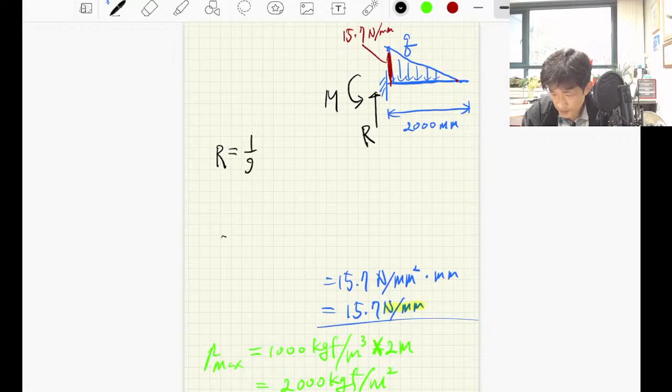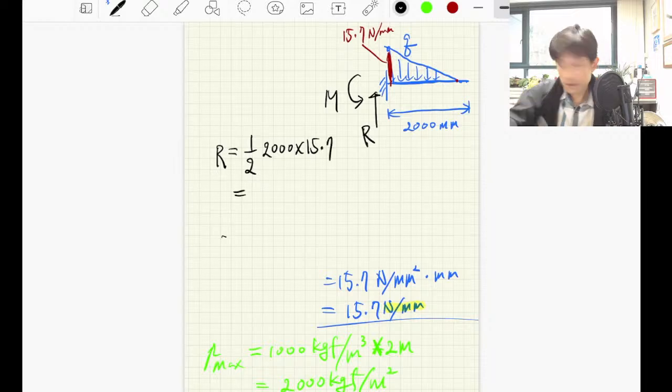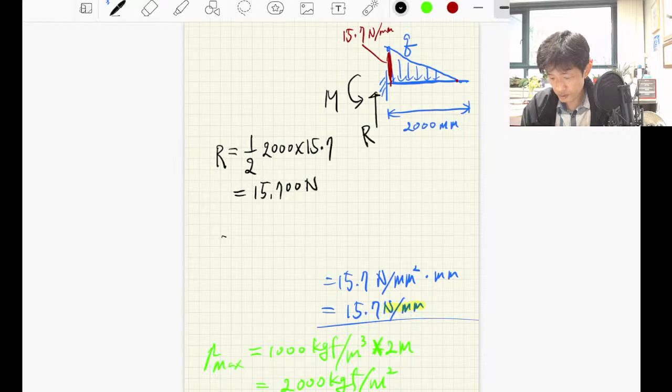So a half times 2000 times 15.7. This is force equilibrium. Now we have 15,700 Newton.